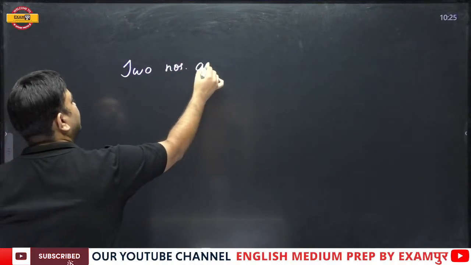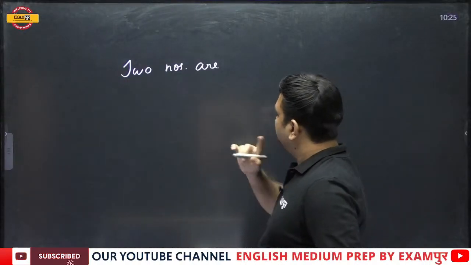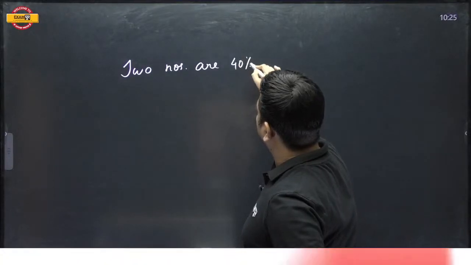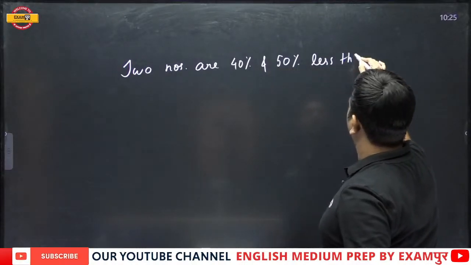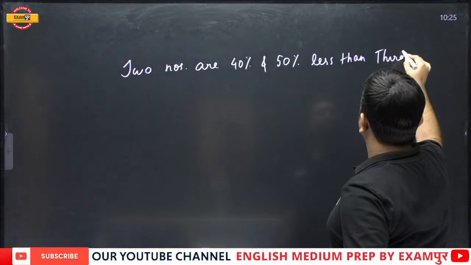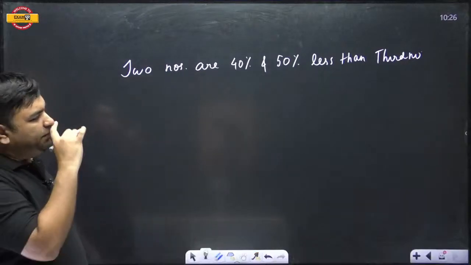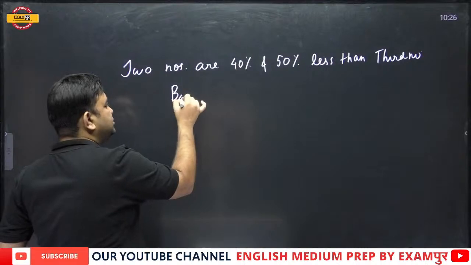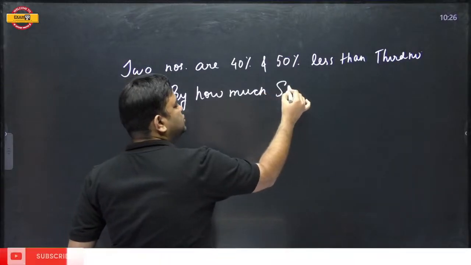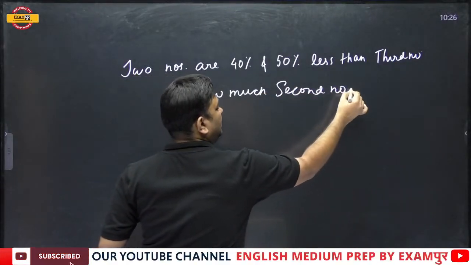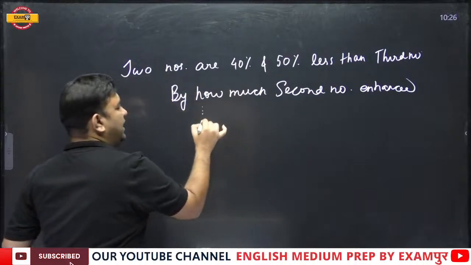Two numbers are 40% and 50% less than the third number. By how much should the second number be enhanced to make it equal to the first number?